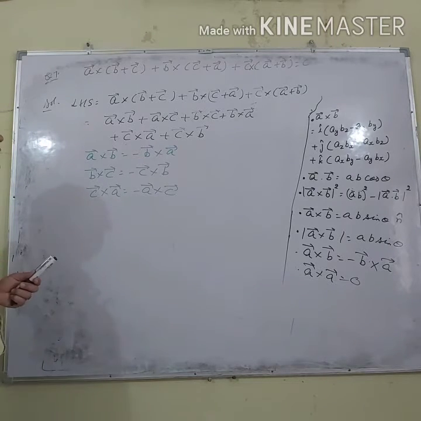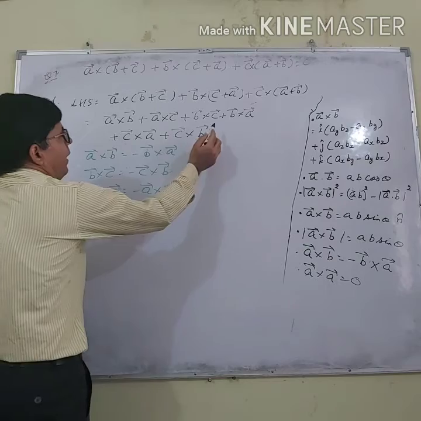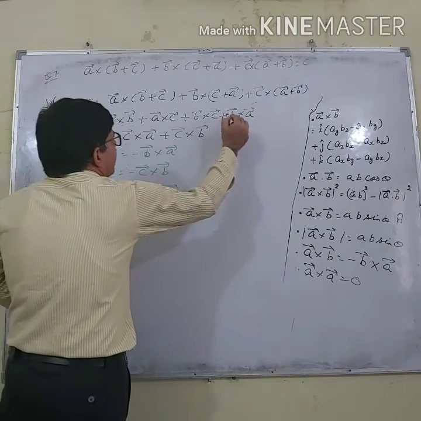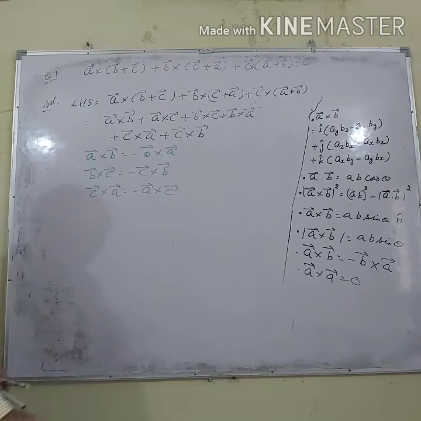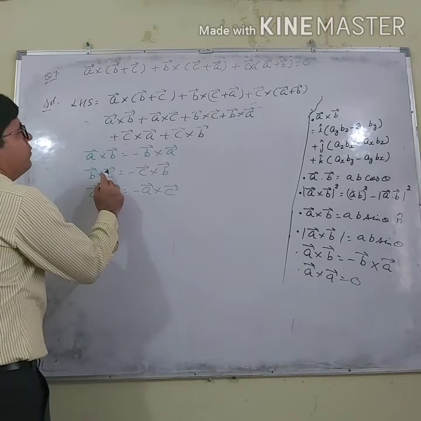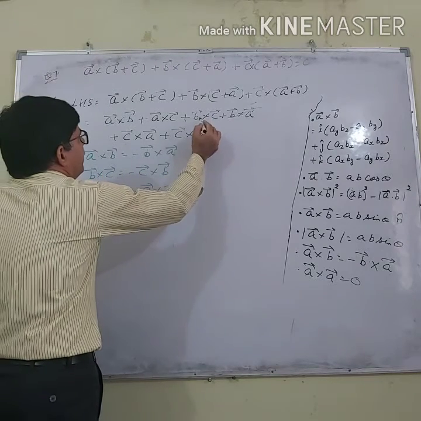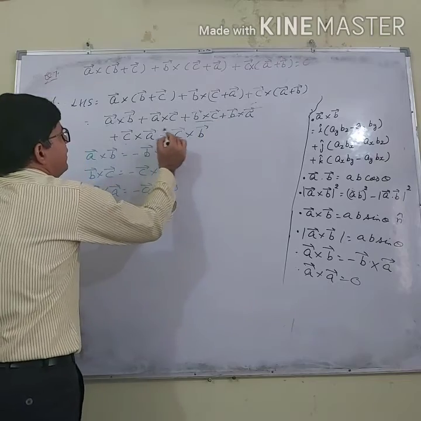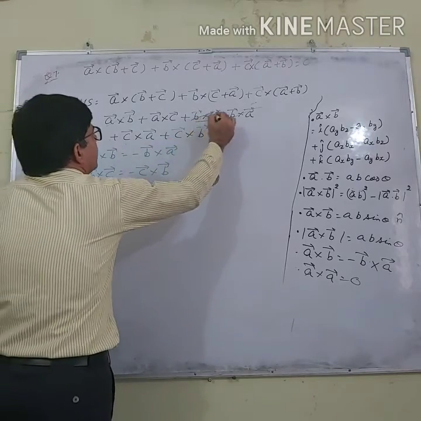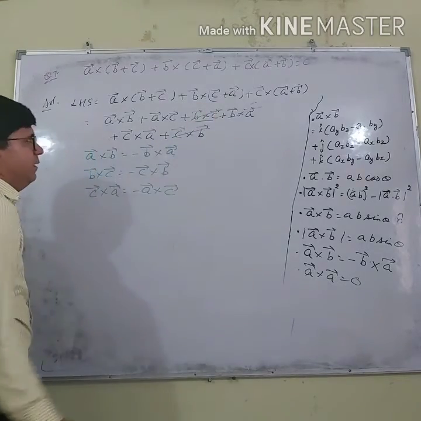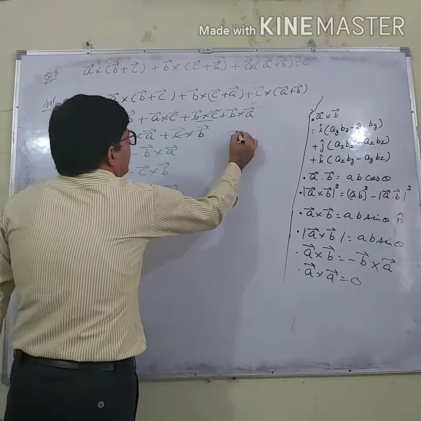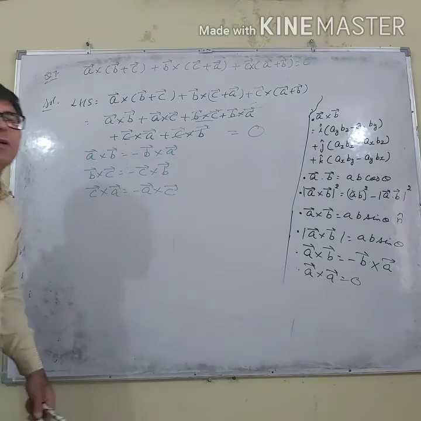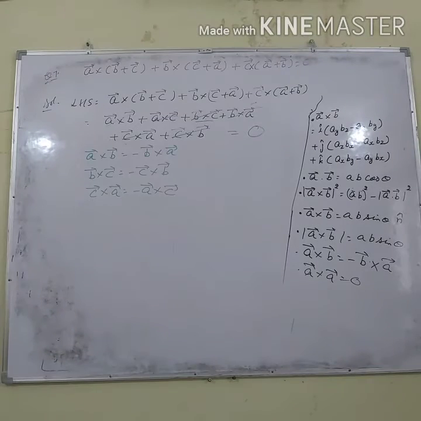So which terms will cancel? A cross b and b cross a are cancelling. Why? Because one is the negative of the other. Now b cross c and c cross b are also cancelling each other. Now c cross a is minus a cross c, they are cancelling each other. So what is the answer? Answer is 0. Very simple question.